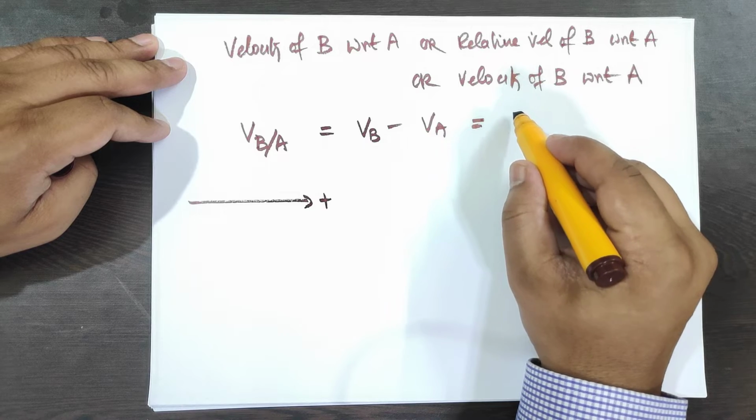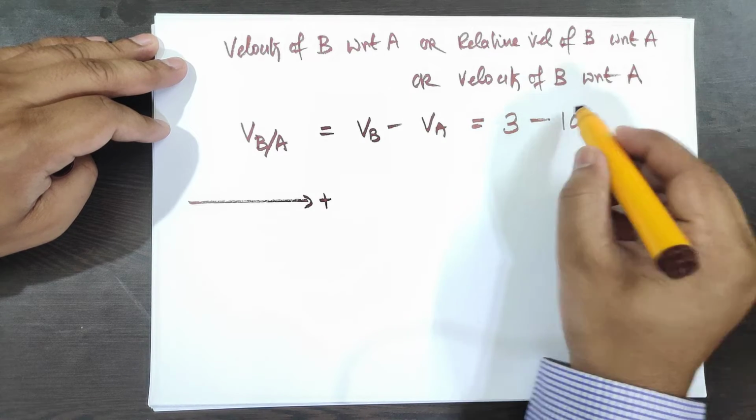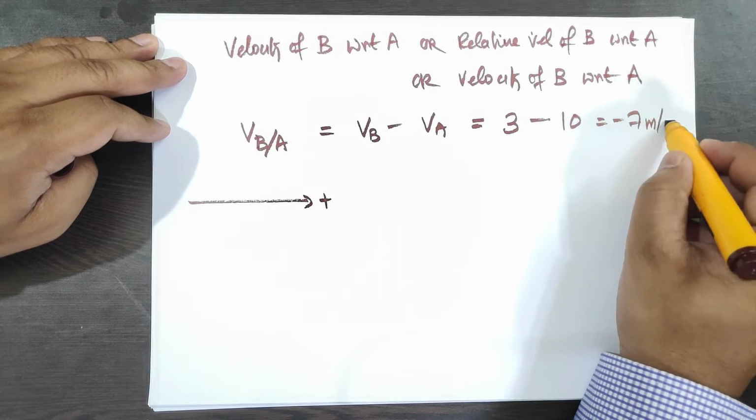So VB is 3 and VA is 10, so it becomes minus 7 meter per second.